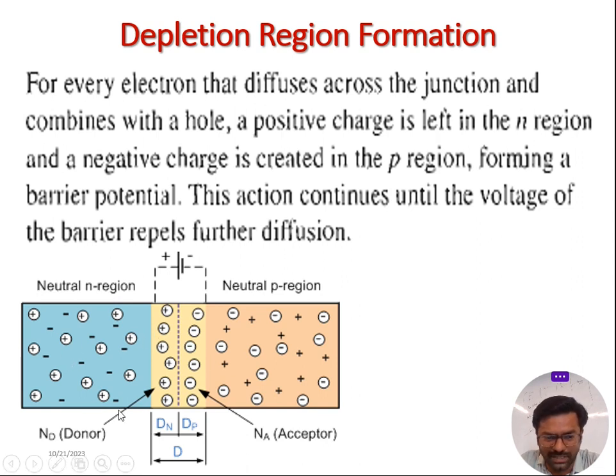This is a two-dimensional structure. What happens in a three-dimensional structure, we will see, don't worry. Here you can observe these are positive ions and these are negative ions. The positive ions treat like a positive layer and the negative ions like a negative layer, as a result of which there is a potential difference like this.